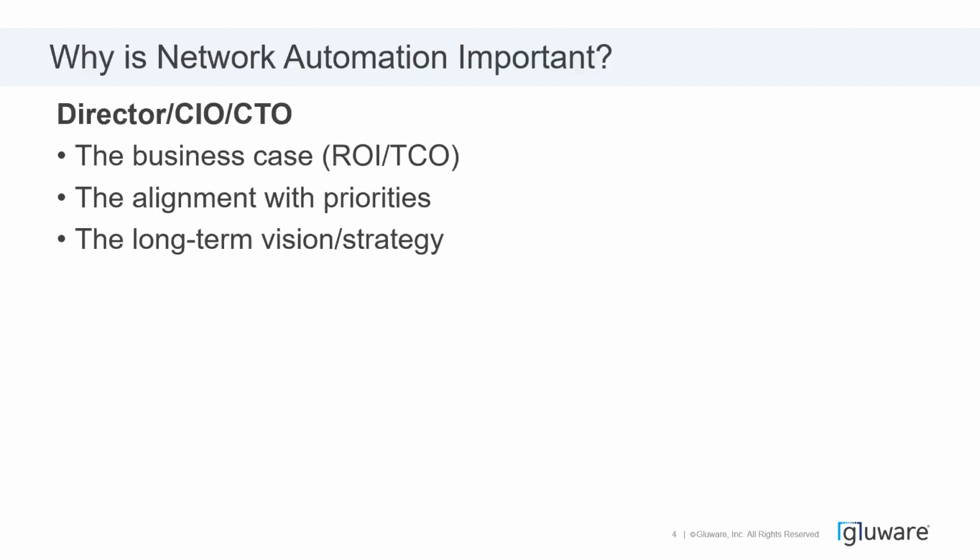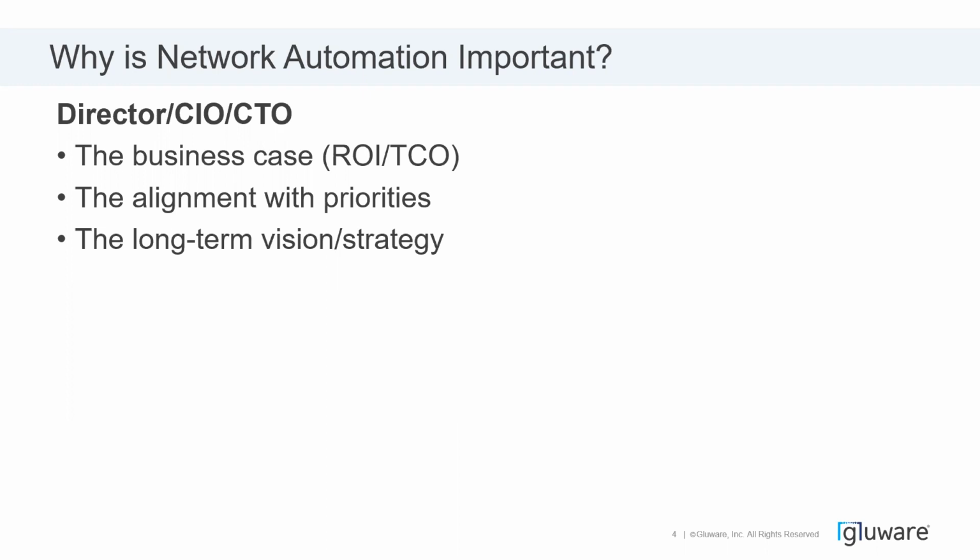So why is network automation important? And really, who is it important to? So let's start at the top, top down. And I would emphasize and encourage you to ensure, if you're not at the director or CIO, CTO level, that you understand your organization's view on network automation and understand if there's an automation strategy.